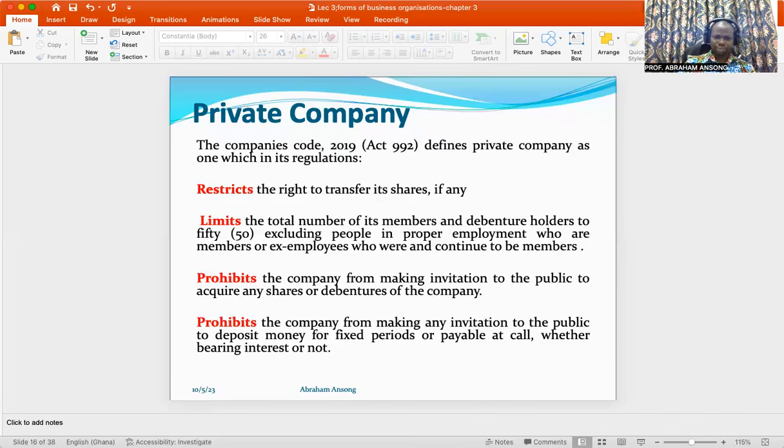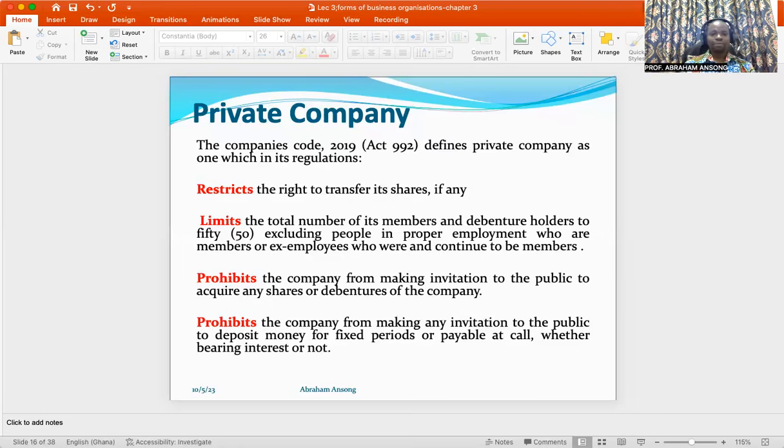So if you're an employee or ex-employee of the company and you own shares, even if you were 100 in this particular category, when counting the membership of the company, this category of persons are excluded, okay?